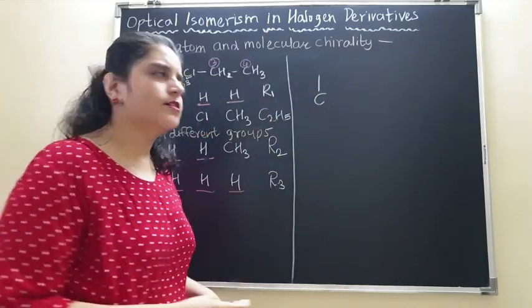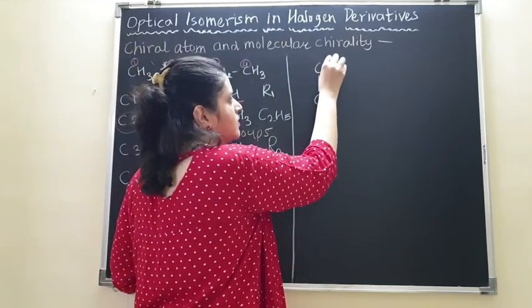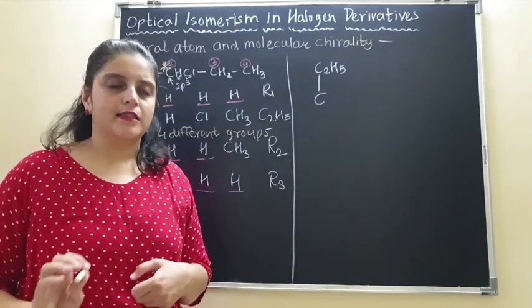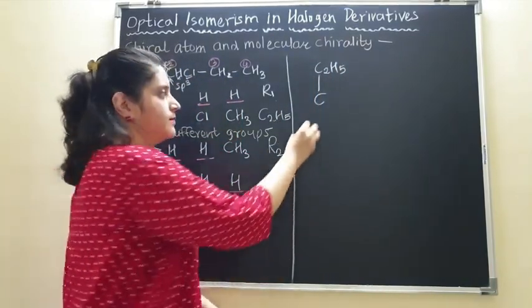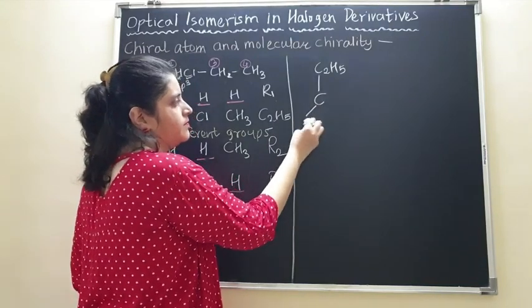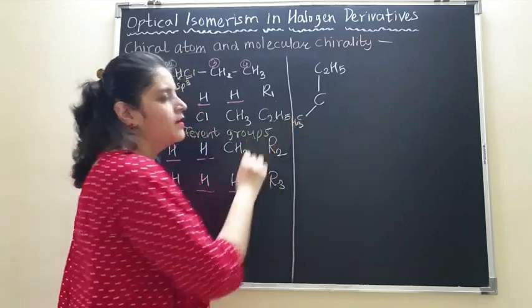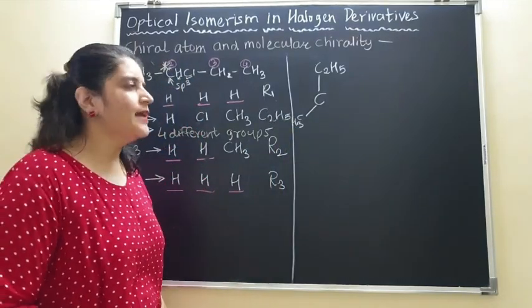So here I will draw C2H5, or you can also write CH2, CH3. It's up to you. Then here I am writing CH3.